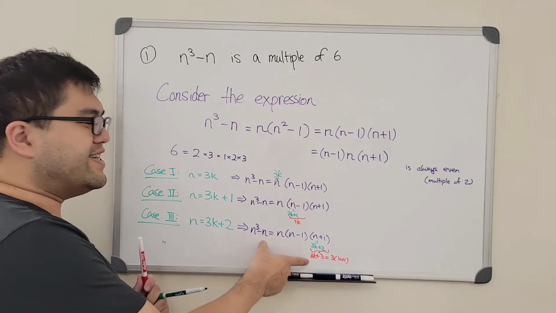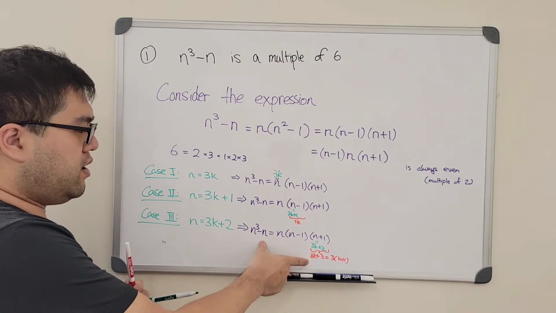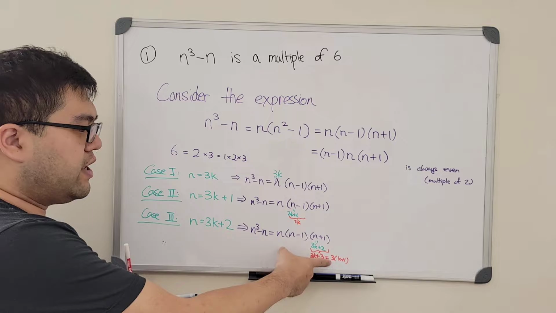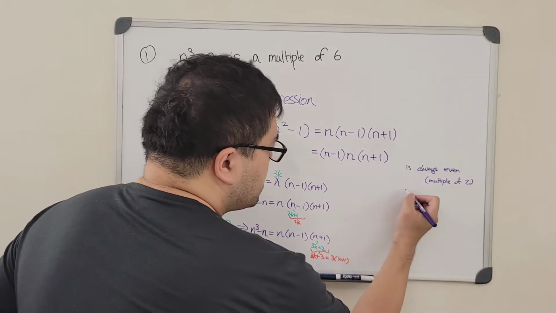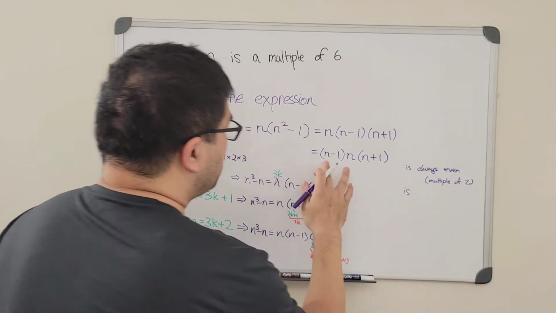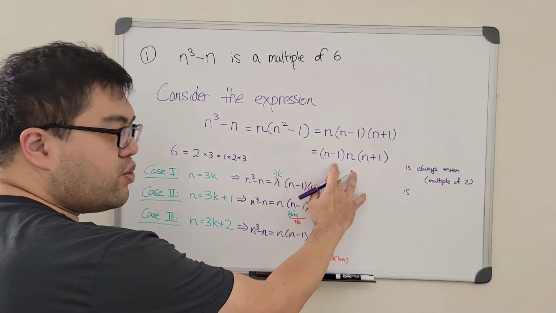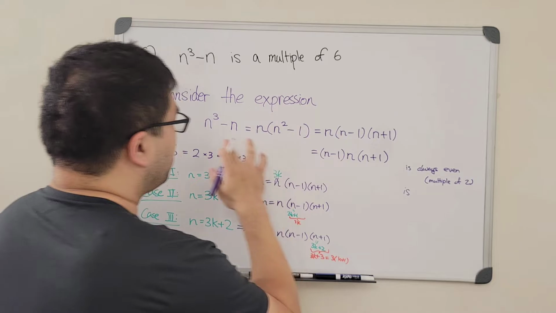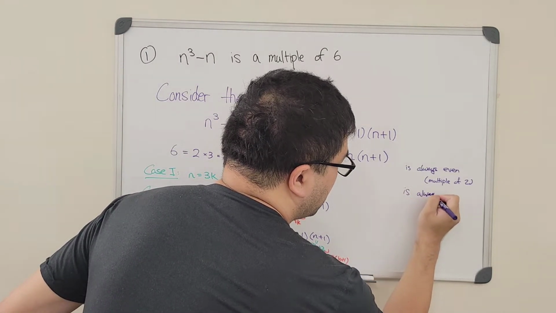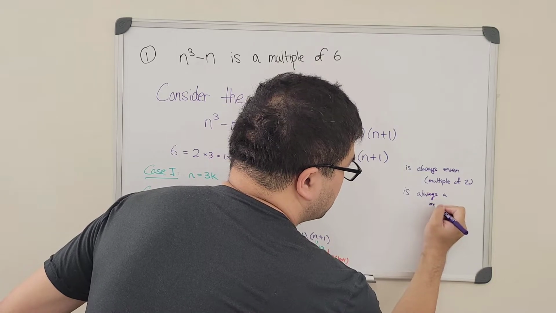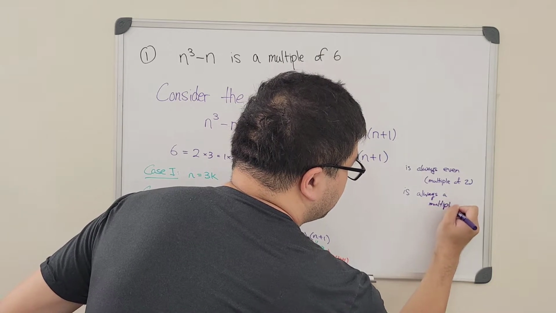Meaning this is also a product with a 3 here, and it's a multiple of 3. So we also showed that no matter what n we choose, the expression n cubed minus n is always a multiple of 3.